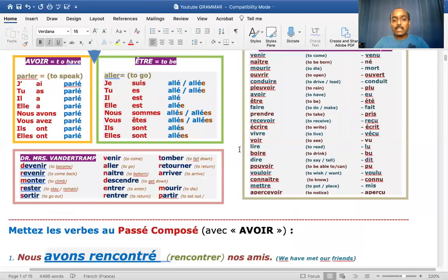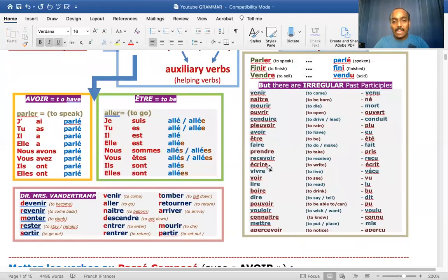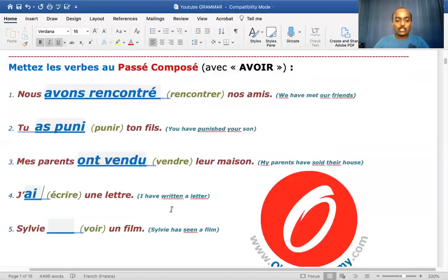You have a special past participle for écrire, to write, and that is é acute crit: écrit. That special spelling we are supposed to use for écrire. Now what's your translation for the sentence? J'ai écrit une lettre. I have written a letter.